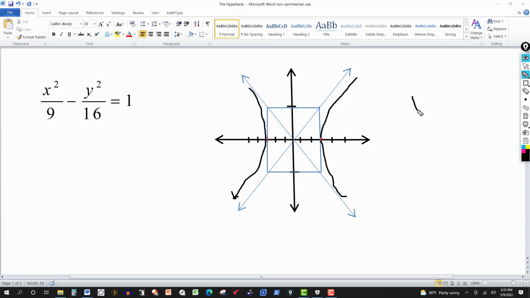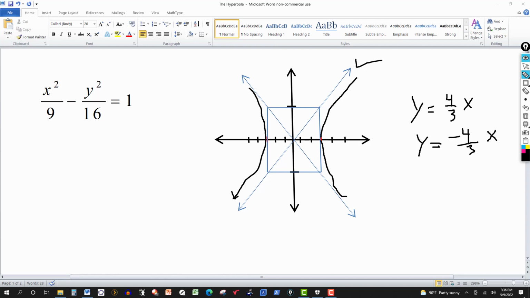And now to verify this for you, let me just do this. y equal to 4/3 x. That's this asymptote here. And then y equal to minus 4/3 x is this asymptote over here. It's lining this way.